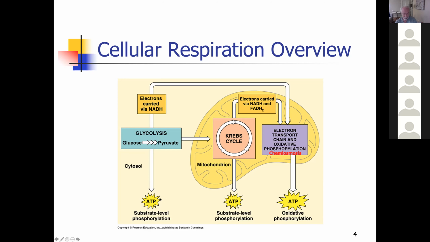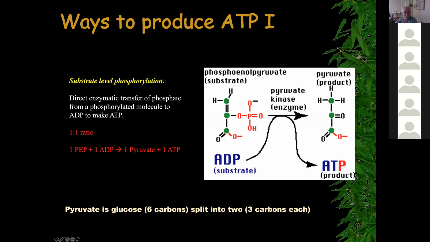Let's go back and talk about both of these processes of ATP production, substrate level and oxidative phosphorylation. You've seen this before. Substrate level is a direct enzymatic transfer of phosphate from a phosphorylated molecule to ADP to make ATP. And it's a one-to-one ratio. So it can start with a phosphorylated compound, phosphoenolpyruvate.